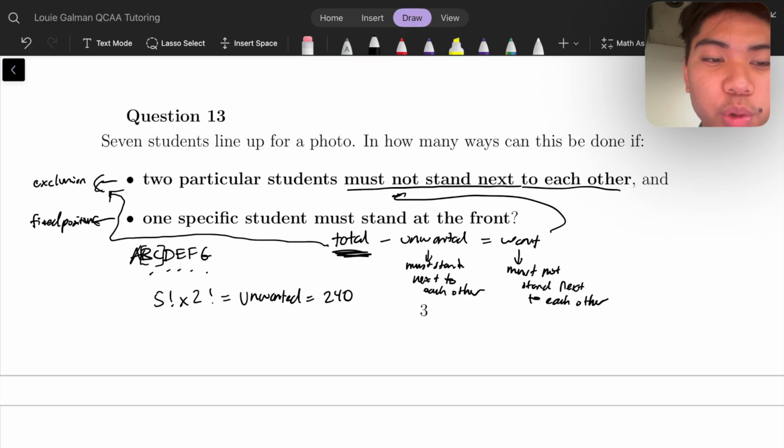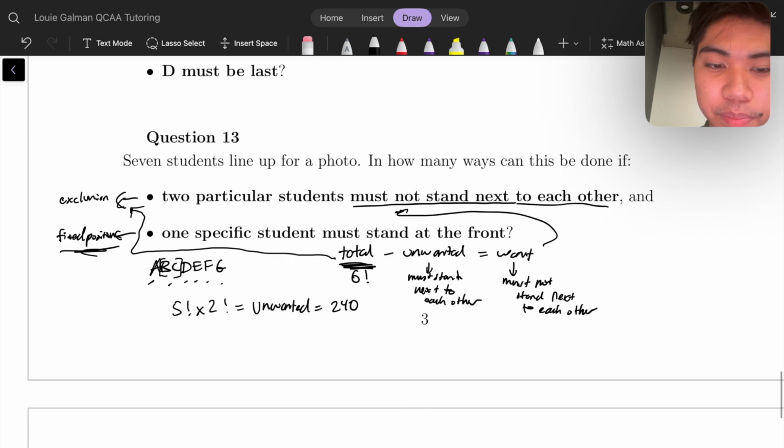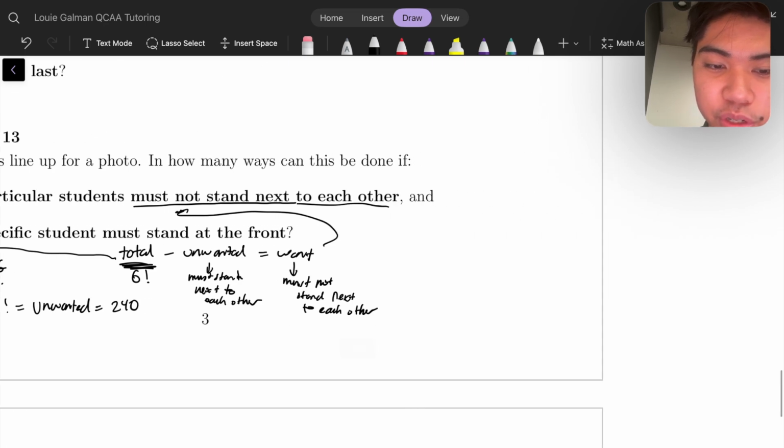So once we consider the fixed position, because A can't change anymore, like the student at the front can't change, we're really only finding the total for 6 factorial, which is if we were to not put B and C as the two particular students being next to each other. So it's going to be 6 factorial as our total. I might write that out just to be very clear.